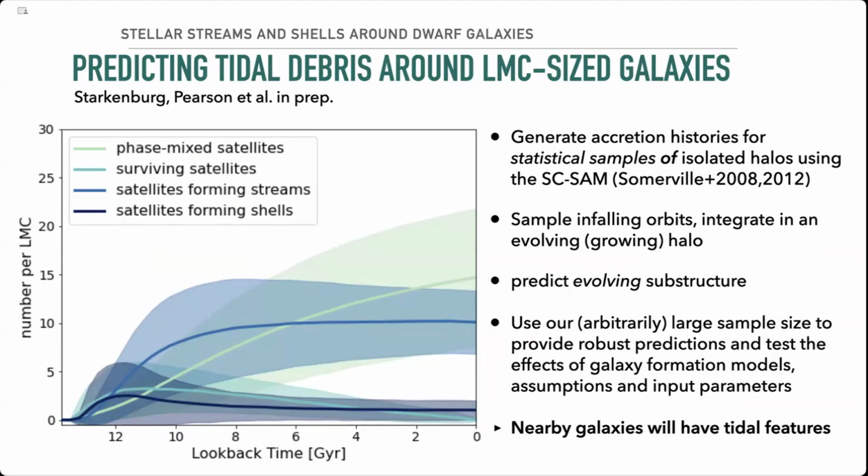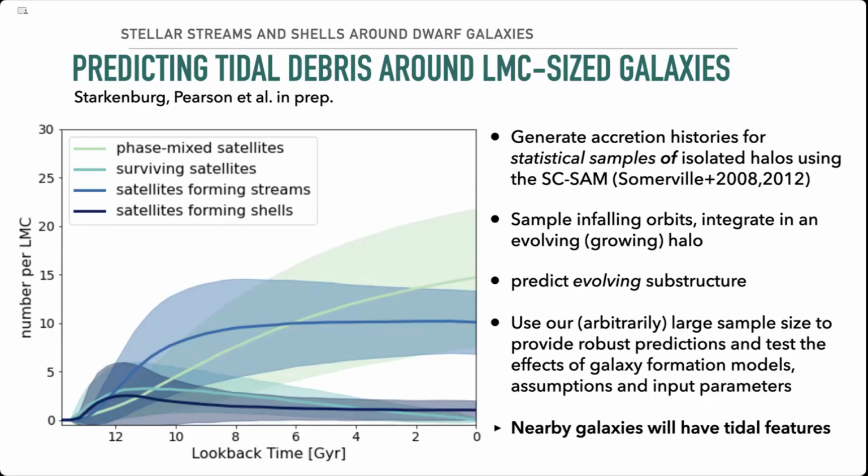So over time, this plot shows roughly how many streams, shells, how many objects are phase mixed, and how many surviving satellites there are around an average LMC. But in its evolution, things in these categories move into each other, which is part of the evolution in the curves.